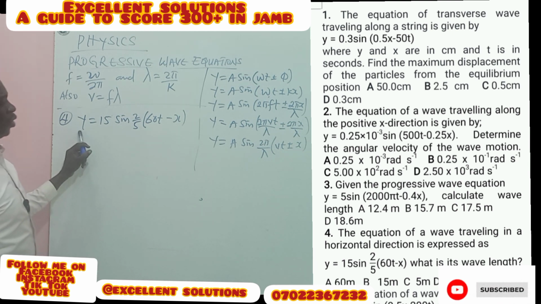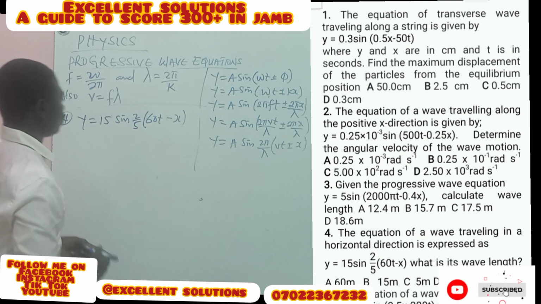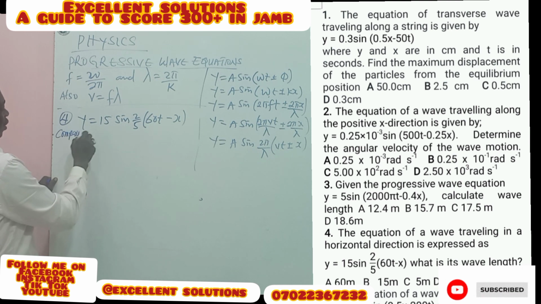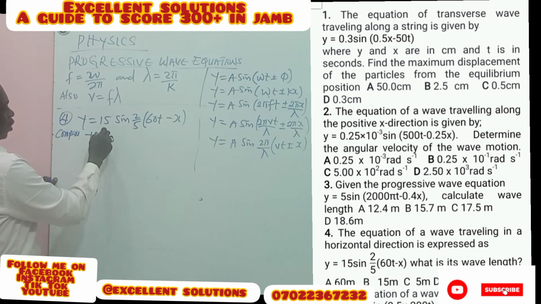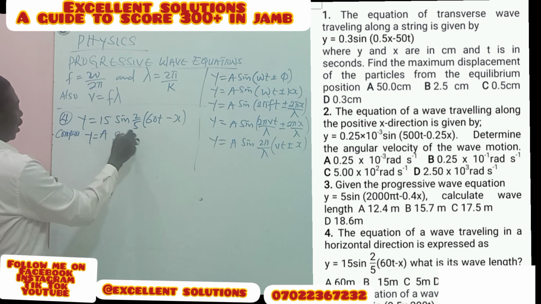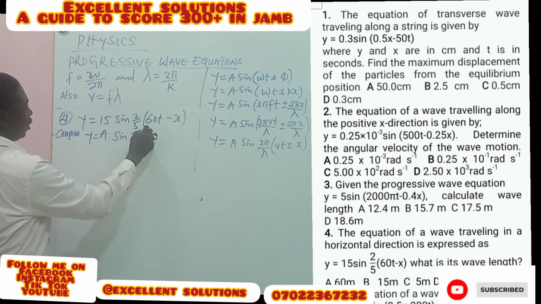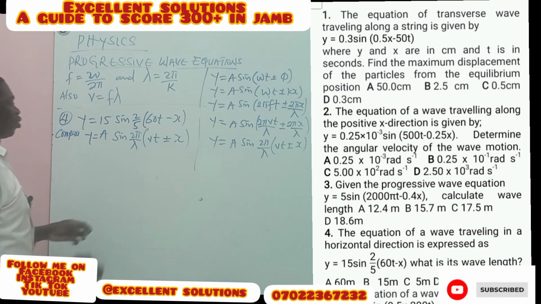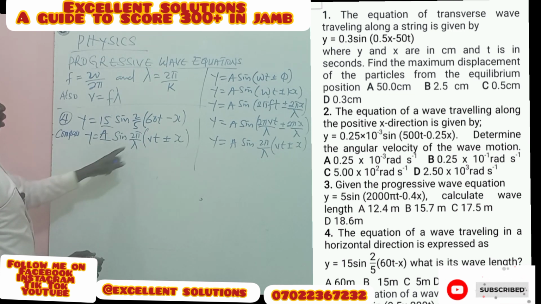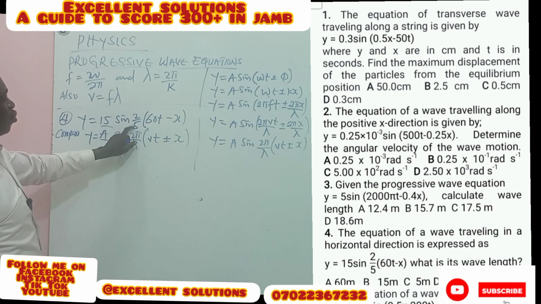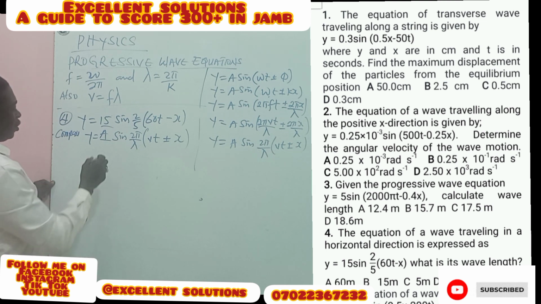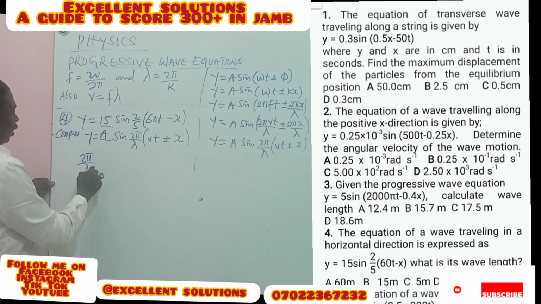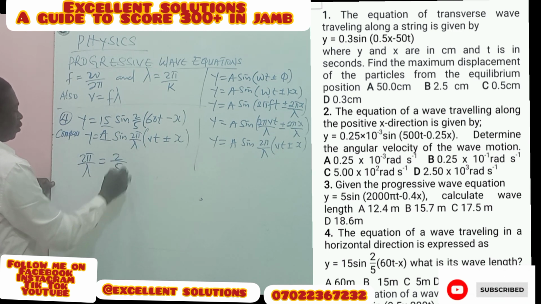So this equation, we are going to compare it with y equals a sine 2 pi upon lambda into vt plus or minus x. If you compare, the amplitude is 15. This 2 pi upon lambda is the same as 2 upon 5.